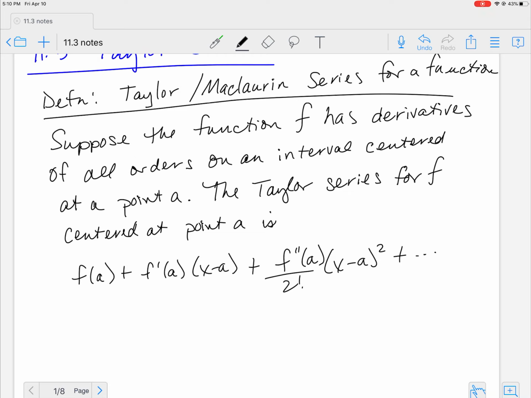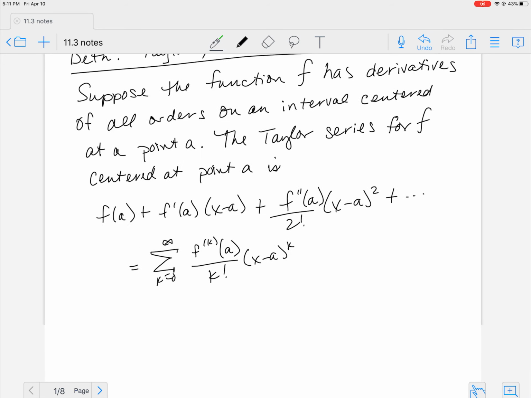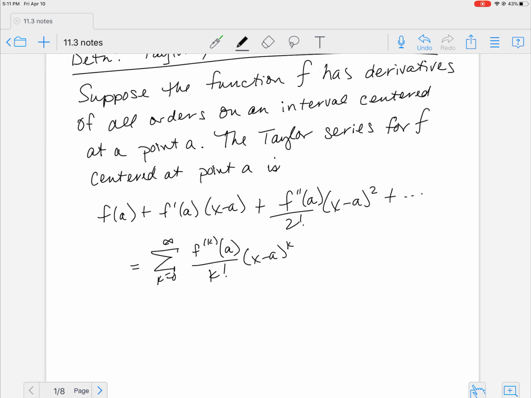Now we are expanding this and saying, okay, this is going to be equivalent to my series, where I'm going from 0 to infinity, f to the k of a over k factorial x minus a to the k. All right. Here is our Taylor series. So it is this polynomial, and then this polynomial is going to give me that series.